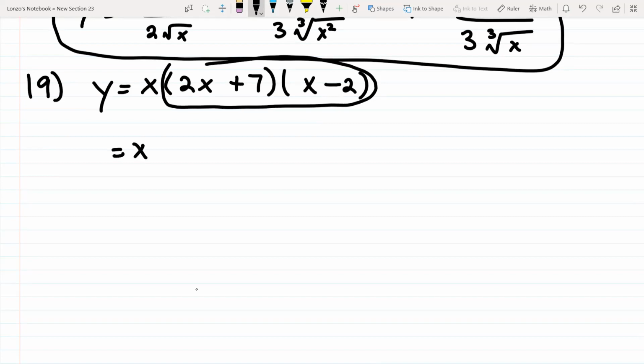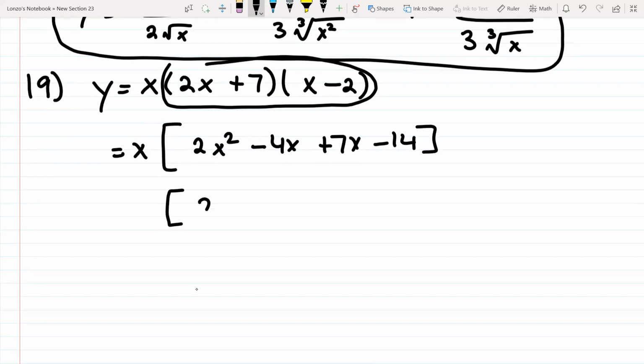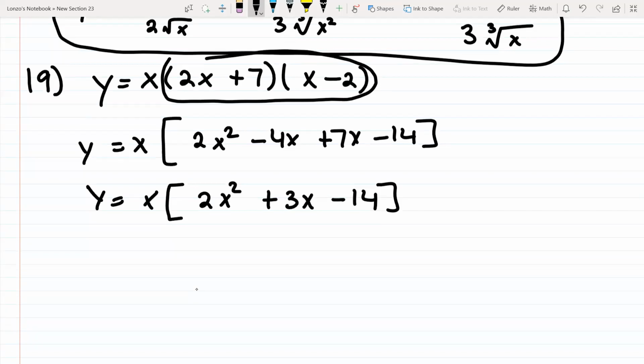So when you FOIL this out and collect like terms, this is going to be 2x squared minus 4x plus 7x minus 14.